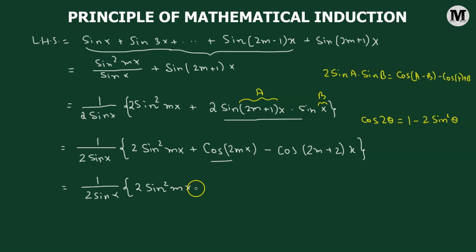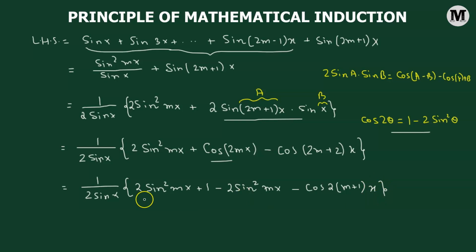The first term remains as it is. Now the second term, cosine of 2mx: if we apply this formula, we get plus 1 minus 2 times sine squared of half of angle 2mx, so that's going to be mx. And we have the last term, cosine of, let's take 2 as the common factor, (m plus 1) times x.